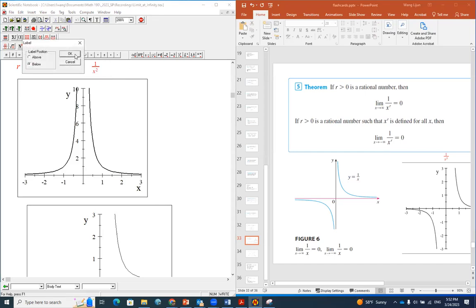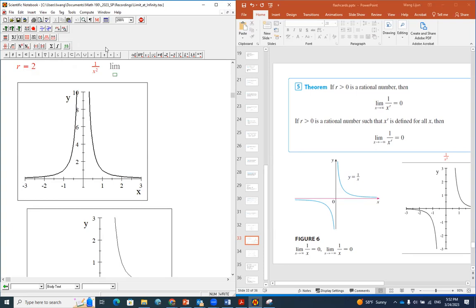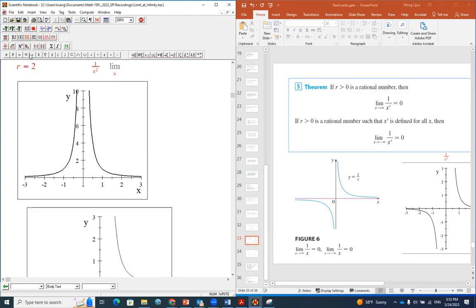The limit as x approaches positive infinity or negative infinity of 1 over x squared is 0. And if x is approaching negative infinity, it's the same thing. It also is 0.